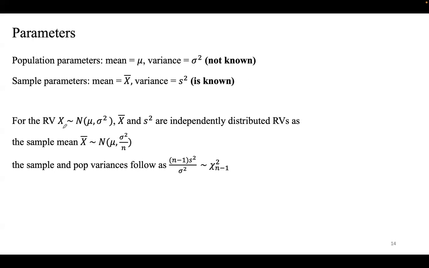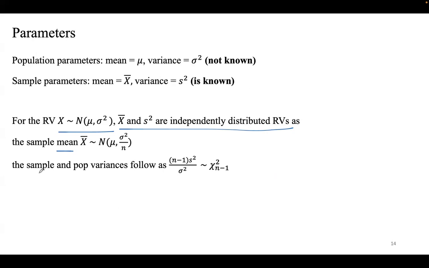Now if there's a random variable which is normally distributed, then both its sample mean and sample variance are also random variables, and they're independent. The sample mean itself is a normally distributed random variable, with its mean being mu and the variance being the original variance divided by n.